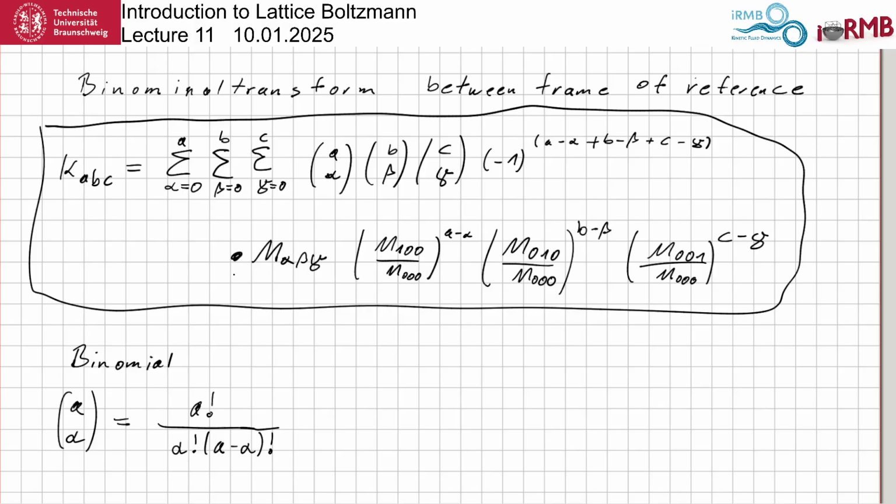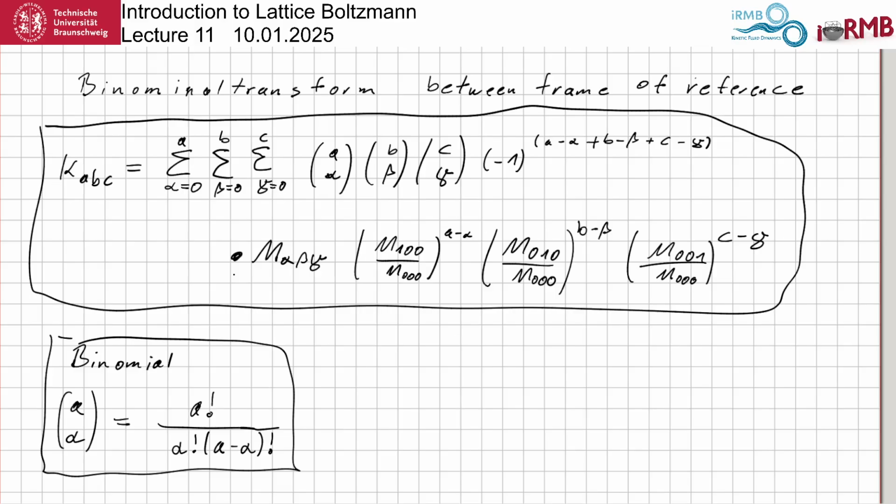Okay, so this is how, given you have raw moments, you can calculate central moments. And by the way, I have to say in the beginning, this is not the best way to actually do it, but it is a possibility, okay?